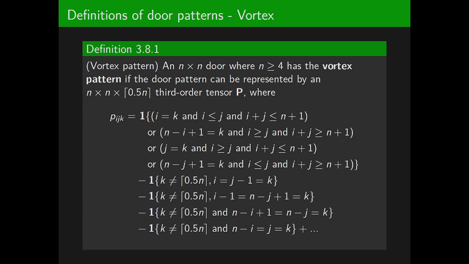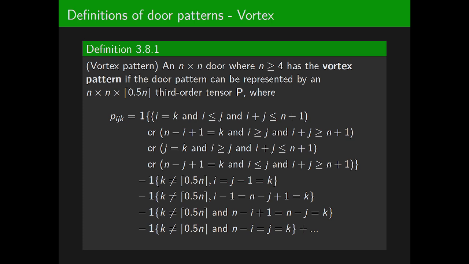Because if you're trying for n equals 3, I'll tell you there's actually an n equals 3, but it's just not defined here. n equals 2, what are you trying to do? Say, yeah, Vortex pattern, and the third order tensor size is actually quite simple: n by ceiling of 0.5n. Where, yeah, this part gets a bit crazy.